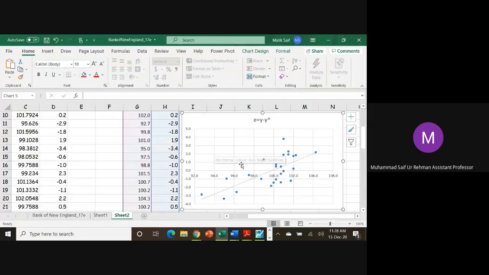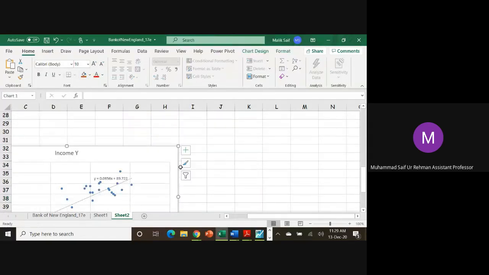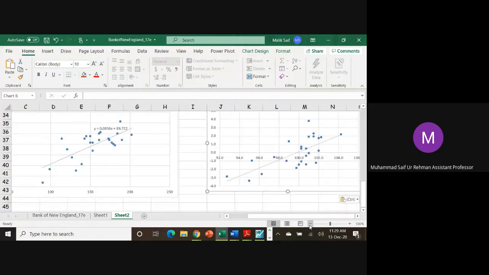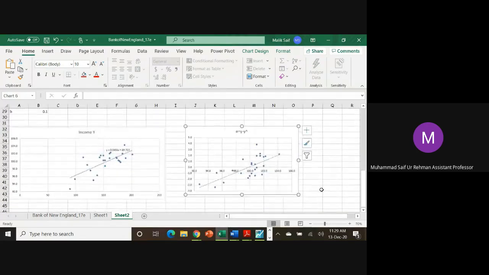Let me reduce the scale. Okay. So random variation is there.